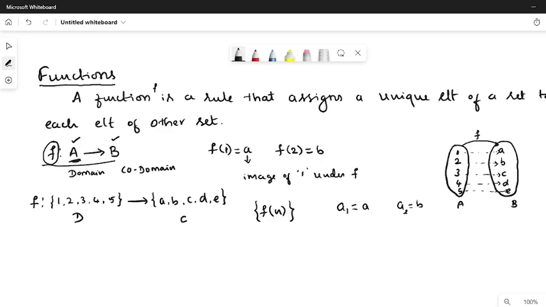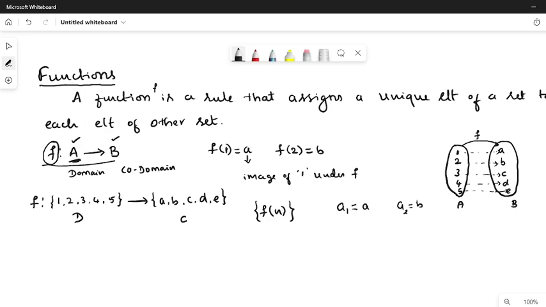Let us illustrate with a simple example. Here I am considering two sets A and B. This A is a set of the first 5 natural numbers and B is the set of the first 5 English alphabets.